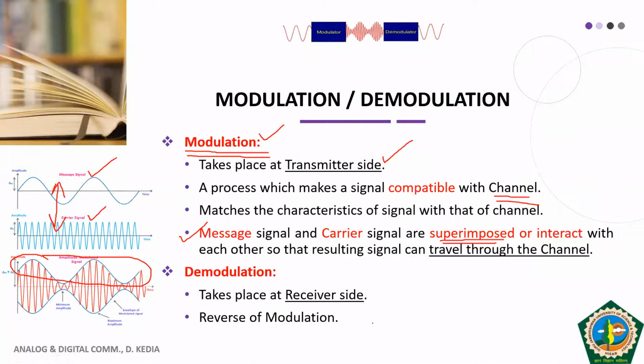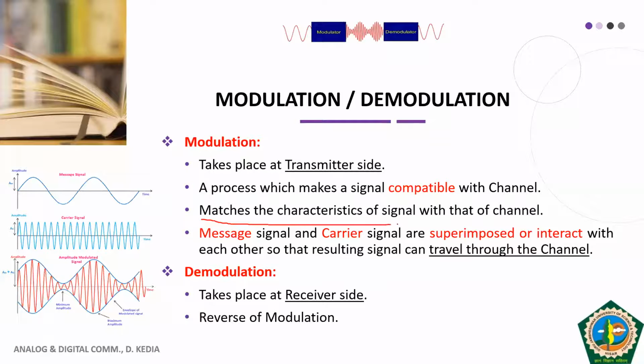This I wanted to tell you here, that in fact, this is the real actual definition of the modulation. The actual definition of the modulation is, it is a process which makes our signal compatible with channel. If your signal is not compatible with channel, your signal cannot travel through the channel. Okay, and this point is very, very important, that you have to match the characteristics of signal with that of the channel.